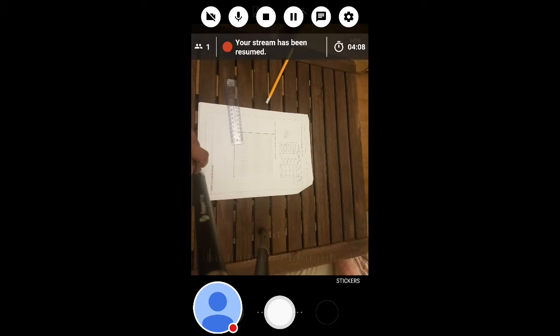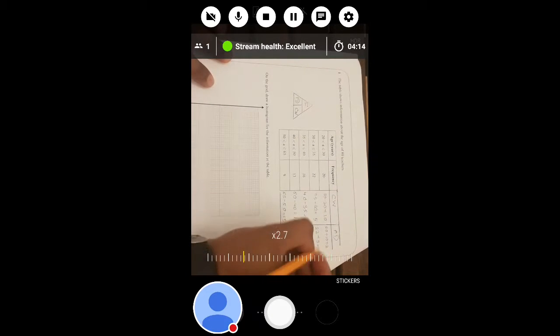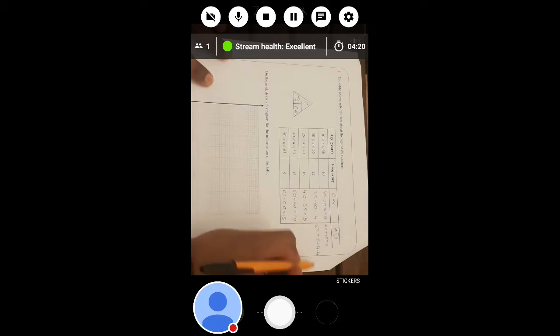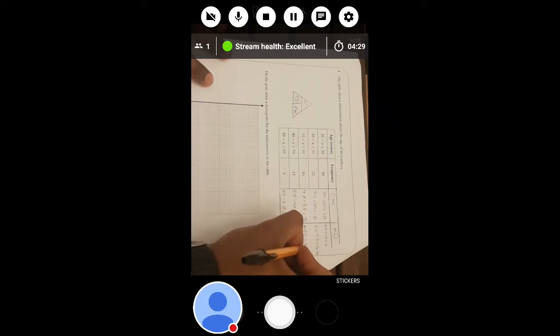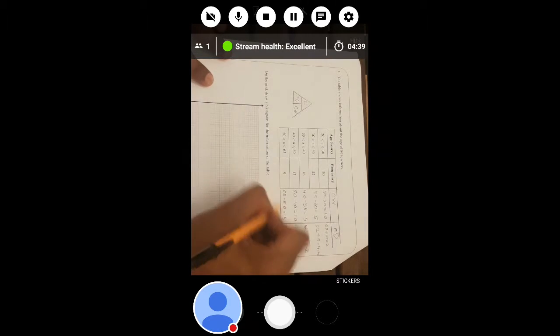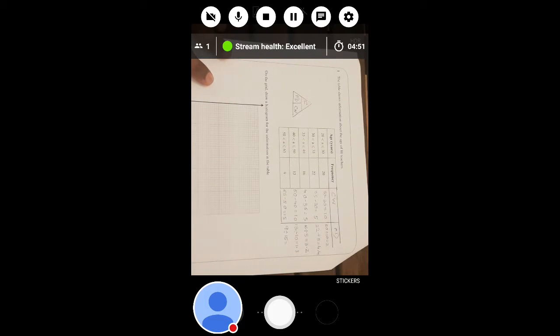22 divided by 5 is 4.4. 16 divided by 5 is 3.2. 13 divided by 10 is 1.3, and then 9 divided by 15, which is the same as 3 divided by 5, is 0.6.